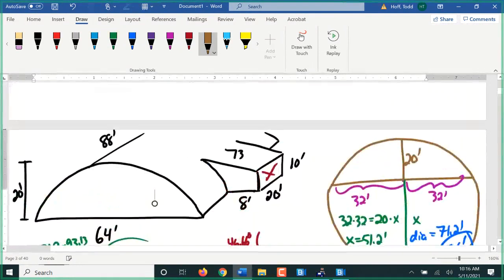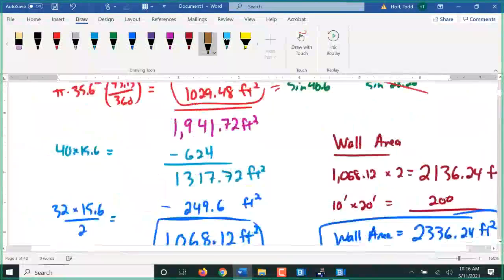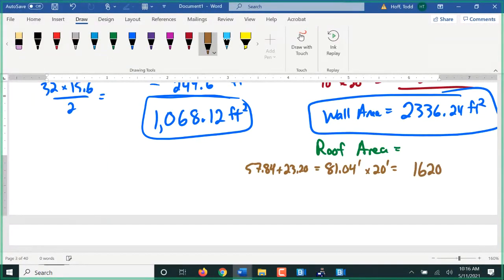So what we found is if I cut out this section of the roof here, this total length is that 80.04, and it's 20 feet in this direction. .04 times 20 is 1620.8 square feet.